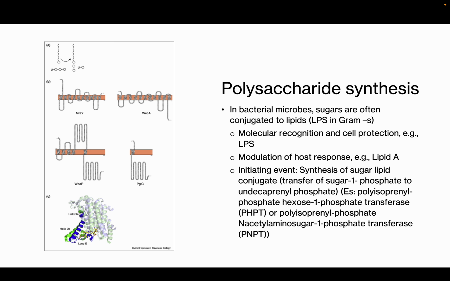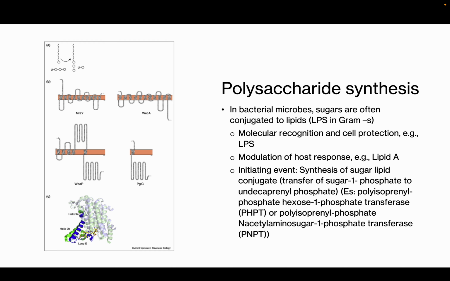So what happens is there is a transfer of sugar 1 phosphate to a carrier, not a base but a root molecule, decaprenyl phosphate. The enzymes that carry out this initiating process are known as PHPT and PNPT.